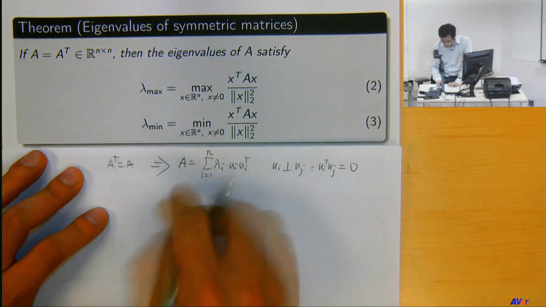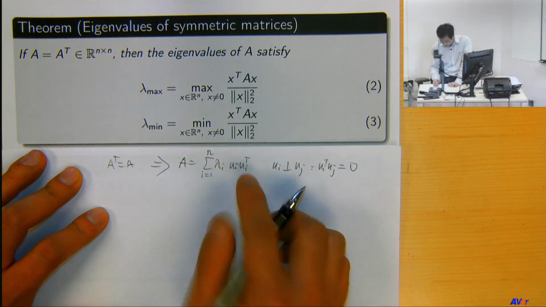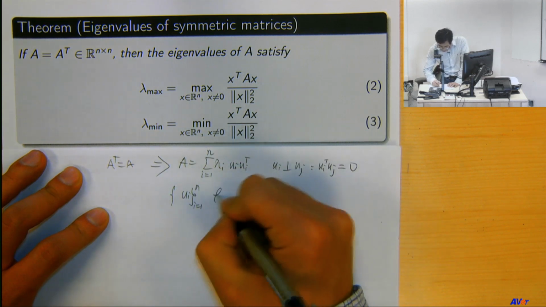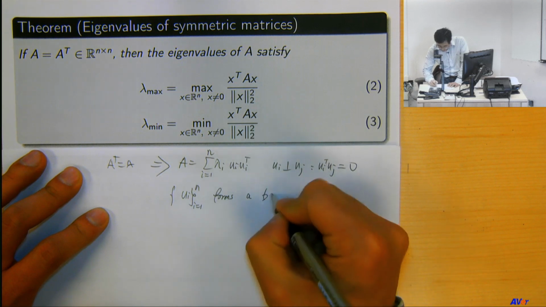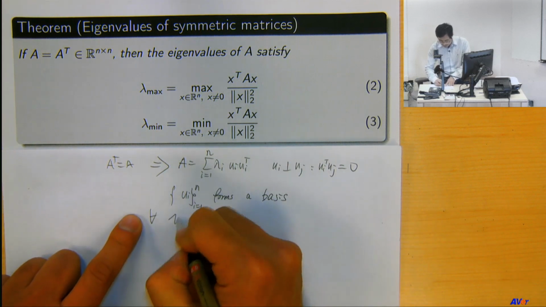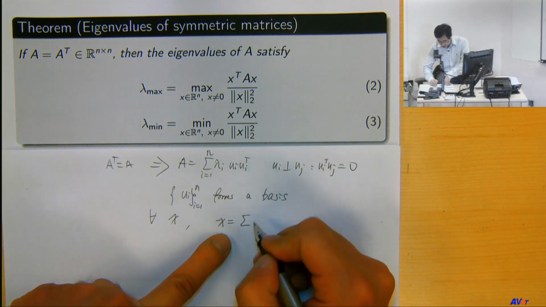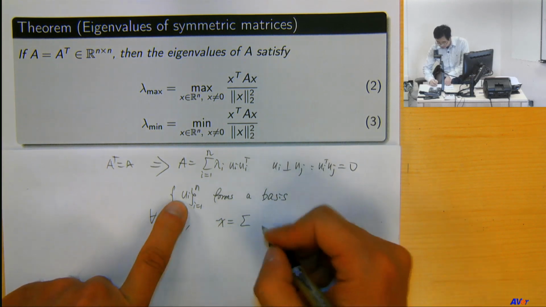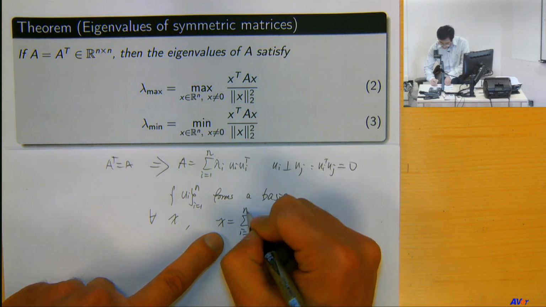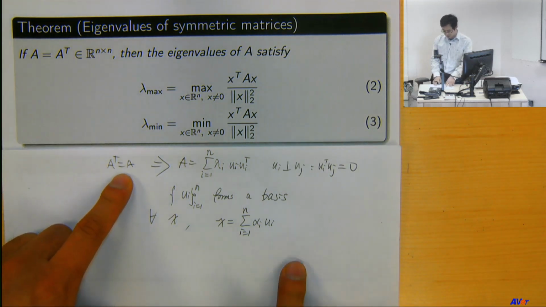The second result is that these eigenvectors form a basis, so these are linearly independent eigenvectors. You give me any x, and I can find a decomposition into these eigenvectors, say sum of alpha i ui, straight out of the symmetric property of the A matrix.